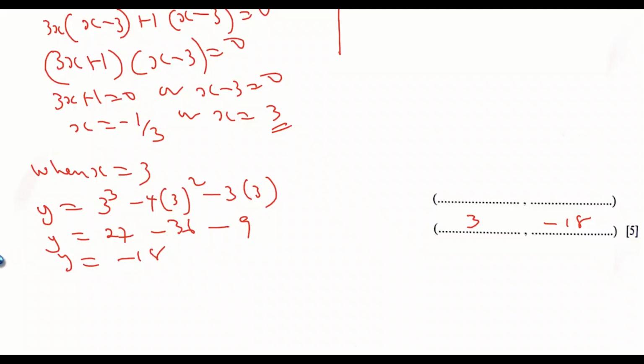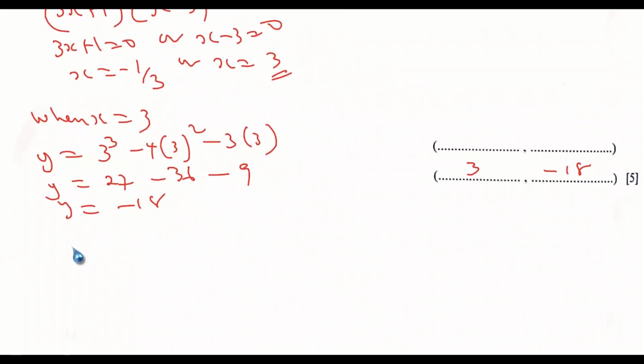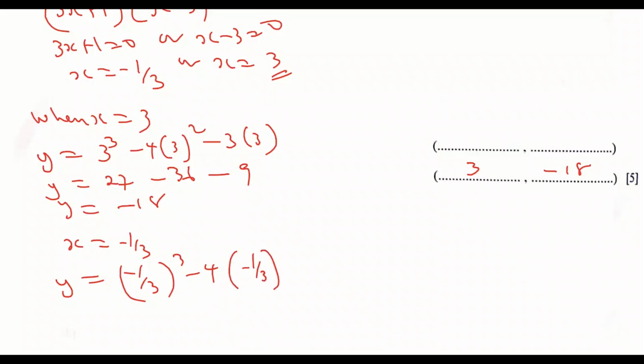So similarly, you can substitute for x equals to minus 1 over 3. So we have y to be equals to minus 1 out of 3, okay, then minus 4 into minus 1 out of 3 all squared, then minus 3 into minus 1 out of 3.